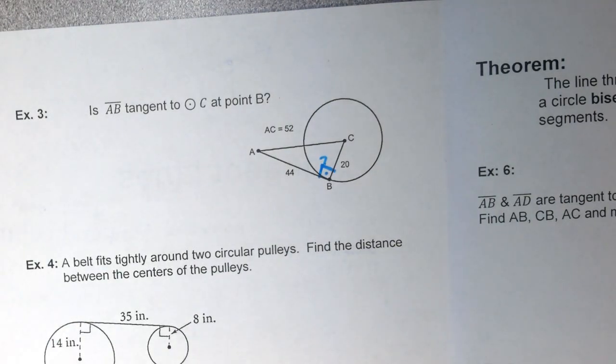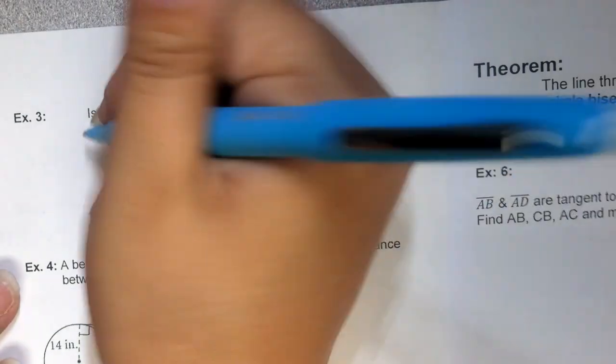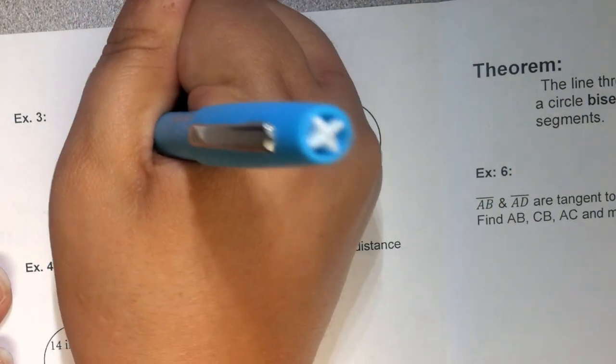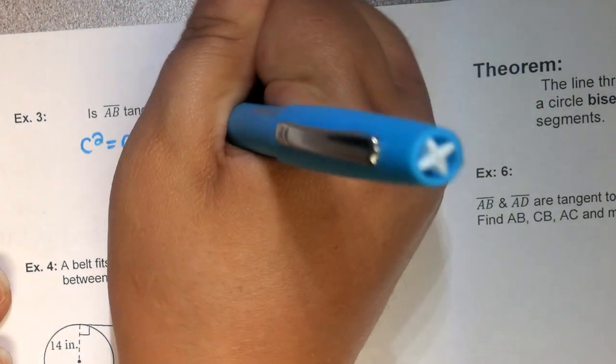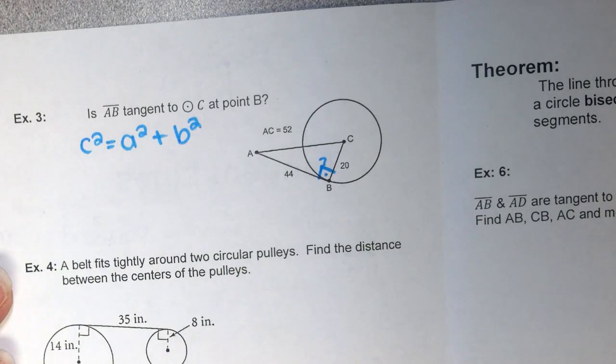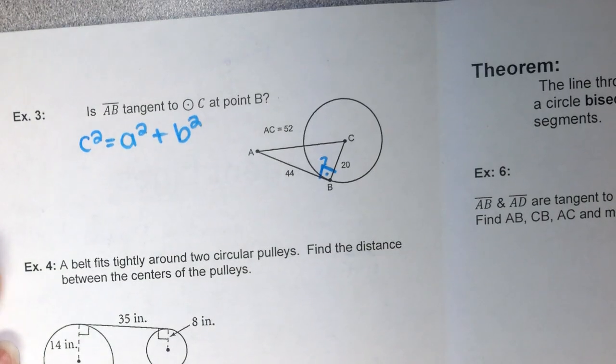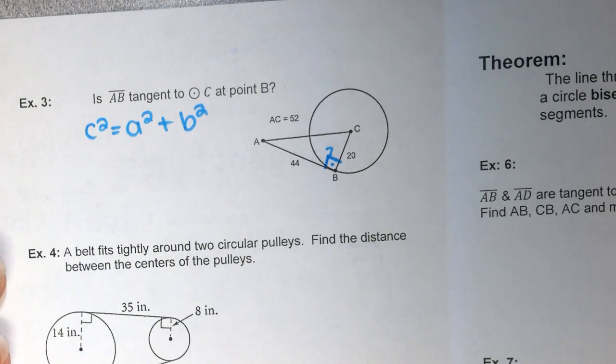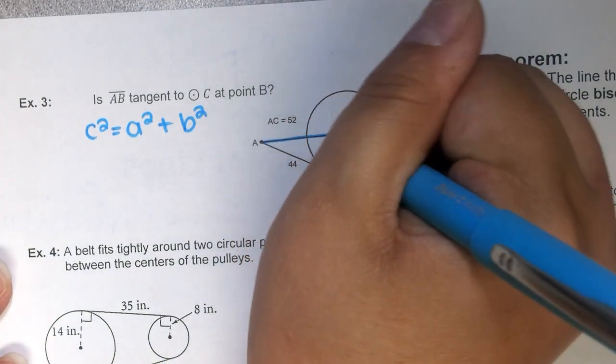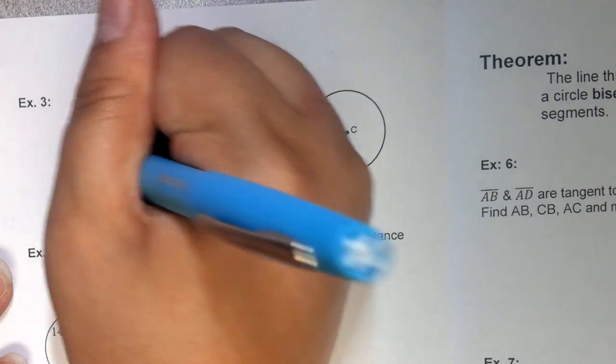Somebody just said I could do Pythagorean theorem and see if it works. Because remember, if c squared equals a squared plus b squared, then it's a right triangle. So what's my c here? 52 squared.